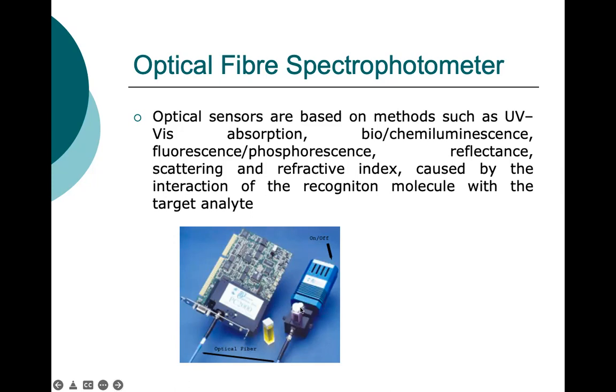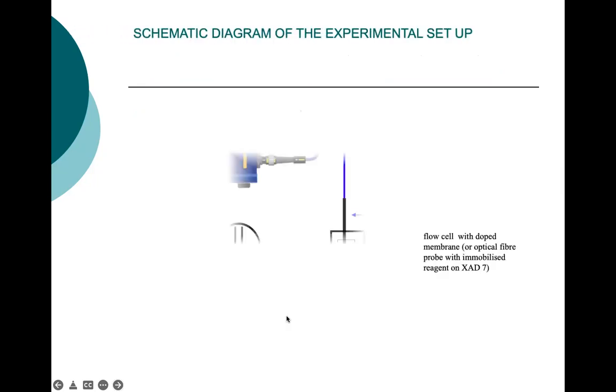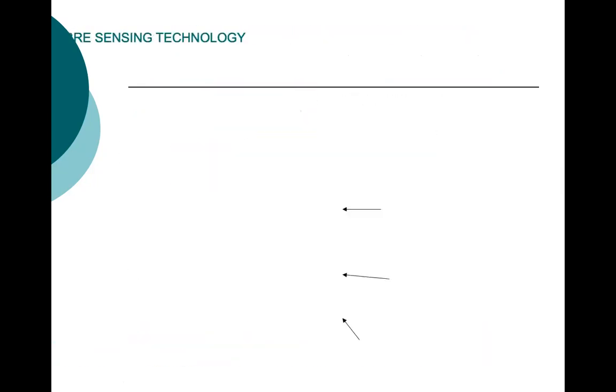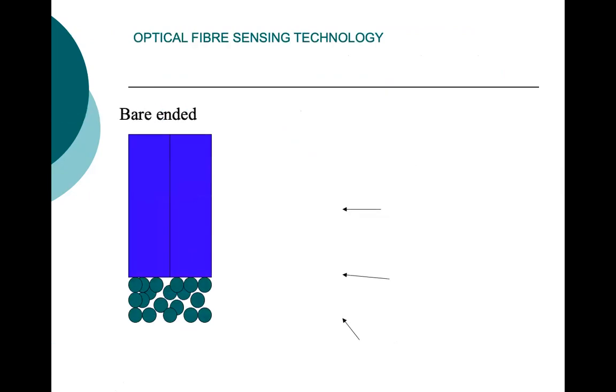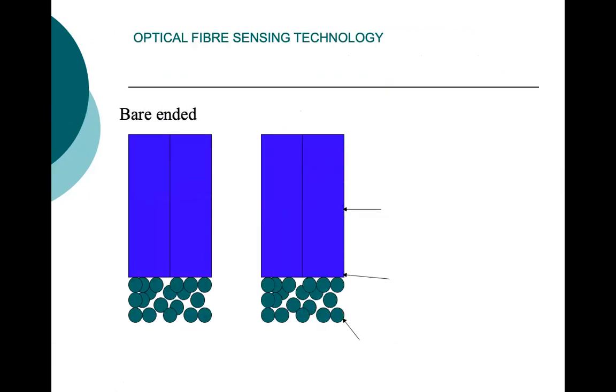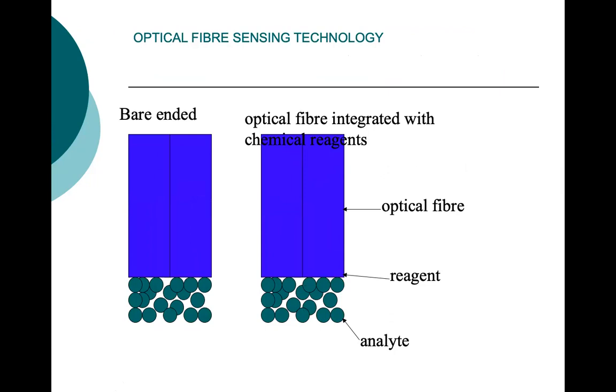So instead of using solution, you can also make it into a solid form. So this one, we can immobilize DNA, antibody or enzyme on top of a solid support. And then you can also use chemical reagents.